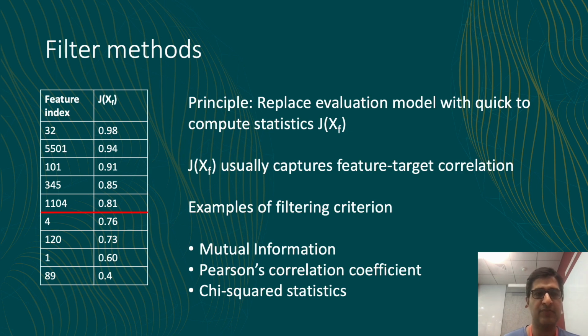Let's say in this particular case you had a budget of 5 features, then you select the top 5 features according to the goodness of feature metric. Some of the goodness of feature metrics are things like mutual information, Pearson's correlation coefficient, or a chi-square statistic that tend to be popular, and they give you good estimates of which features are predictive in the final model.